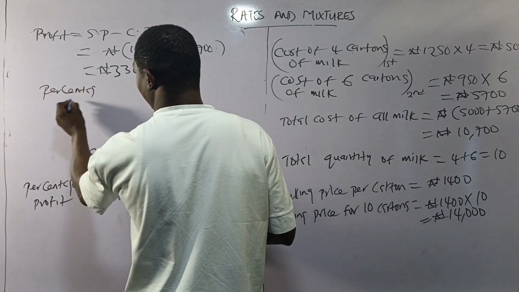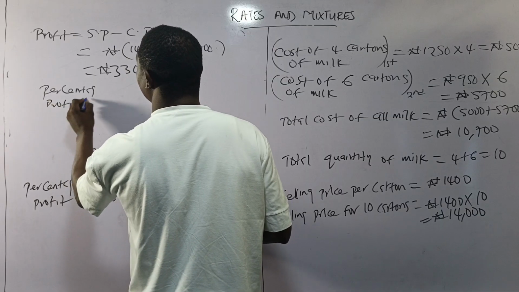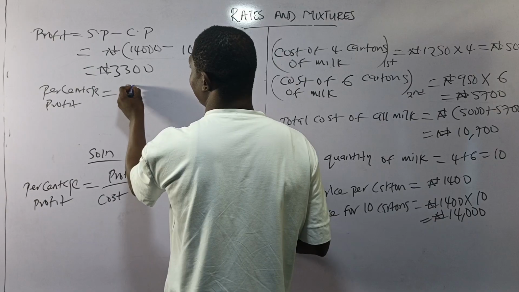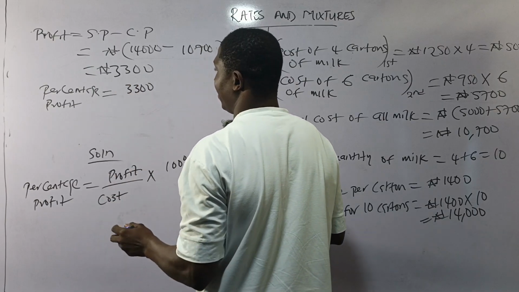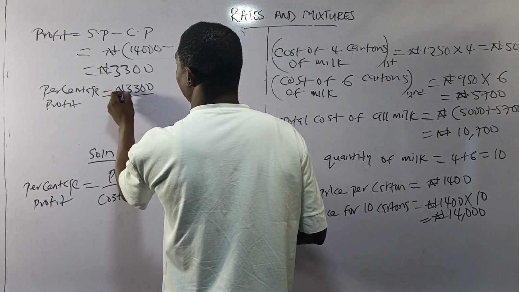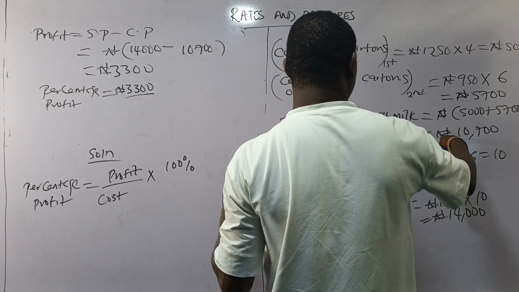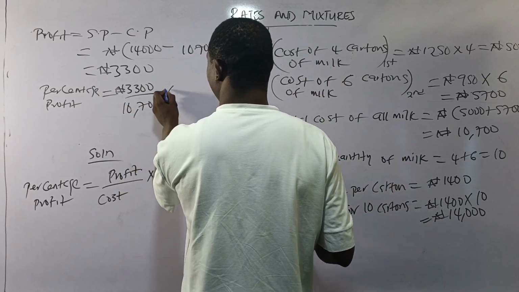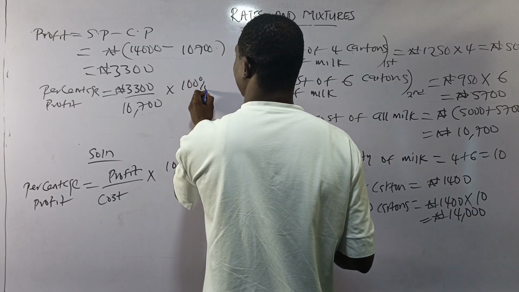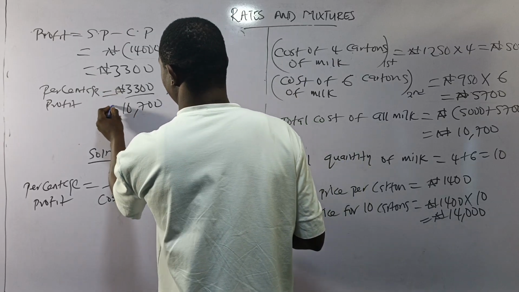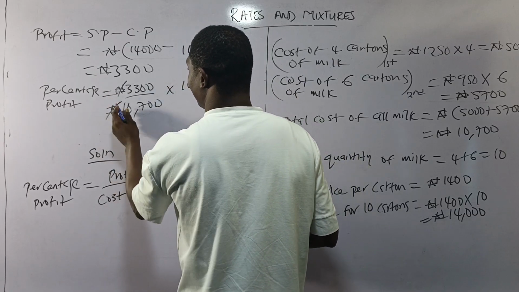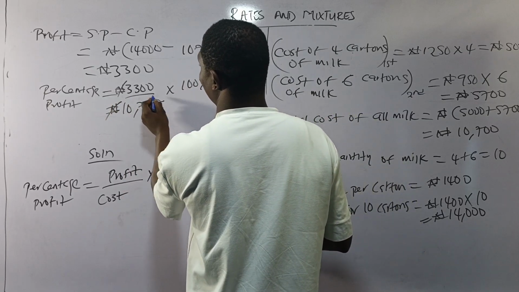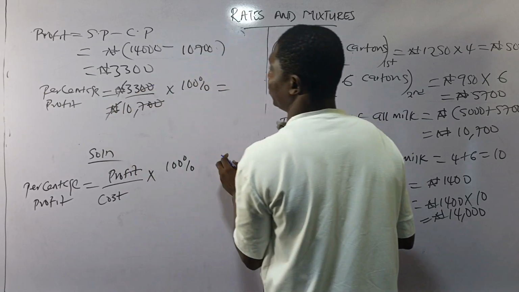percentage profit to be equal to profit, which is 3,300 naira, all over cost price, which is 10,700 naira, times 100 percent. You can see that naira can cancel naira, and these 2 zeros can cancel these 2 zeros.